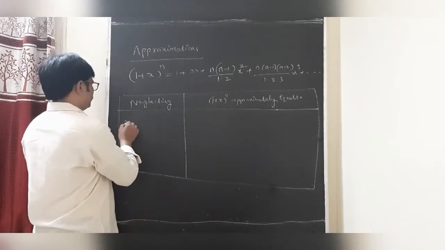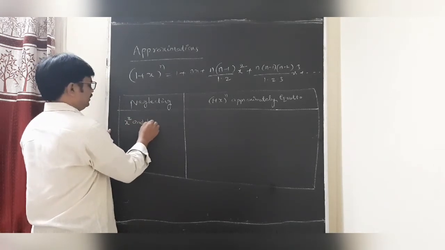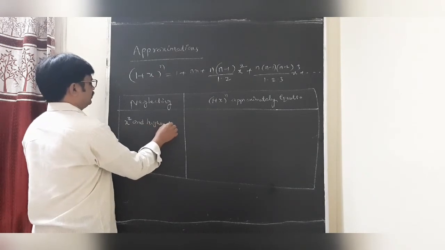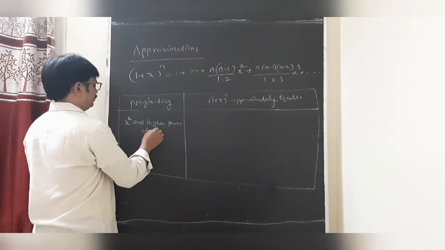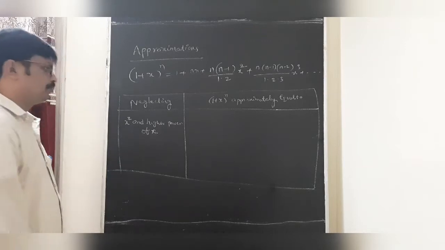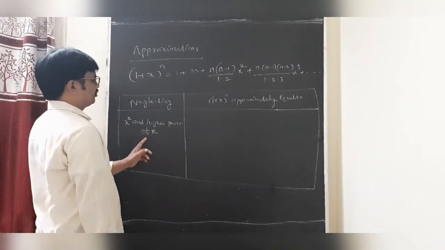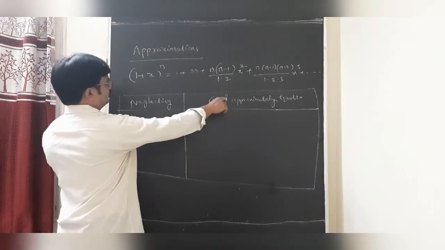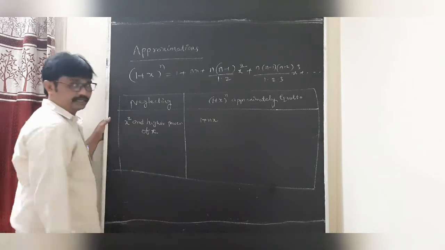Neglecting x square and higher power of x, (1 + x)^n is approximately equal to 1 + nx.